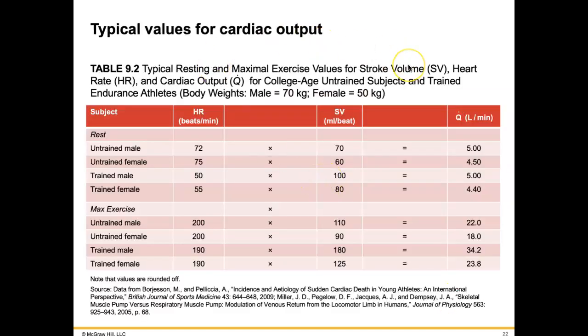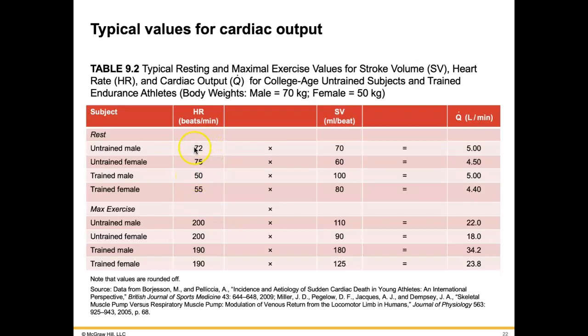So like I said, we'll take a look at some of these numbers here, especially when it comes to fitness level and the sex of the person. So if we are looking at individuals at rest, we could see that an untrained male is going to have a heart rate of 72, untrained female, it has a heart rate of 75. Now, let's take a look at those that are trained.